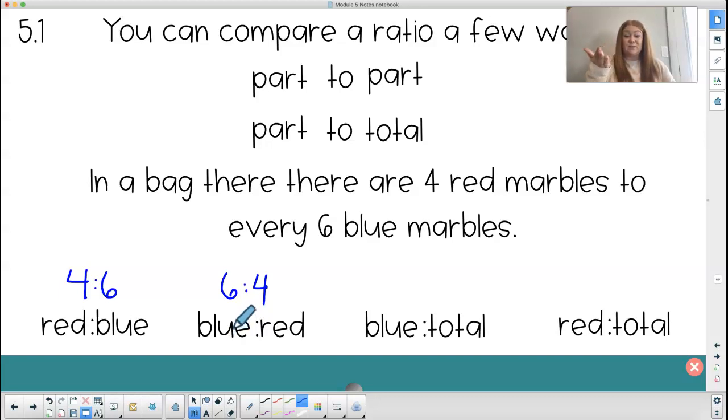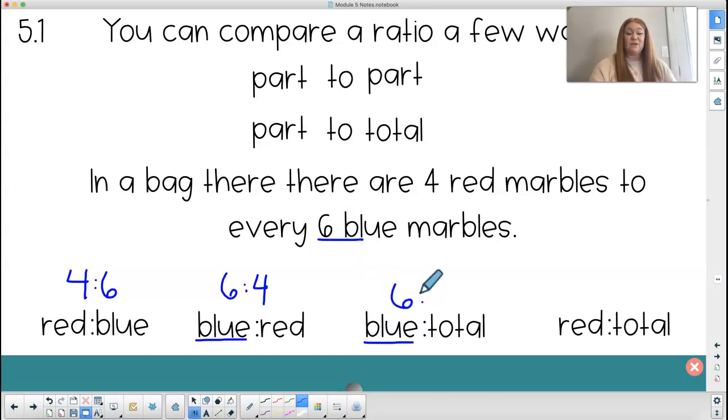So if they ask how many are blue and you say 4 first, that is not true. If they ask blue first, well, there's 6 blue, you should say 6 first. Whichever one they ask first is the number you should write or say first. So this one asks for blue first, which is 6.